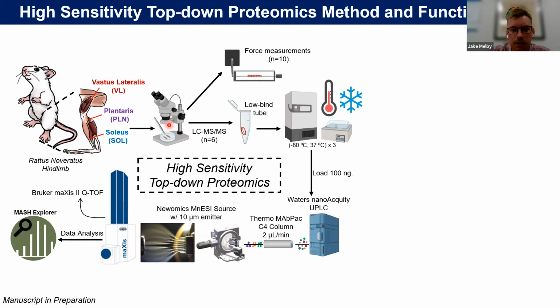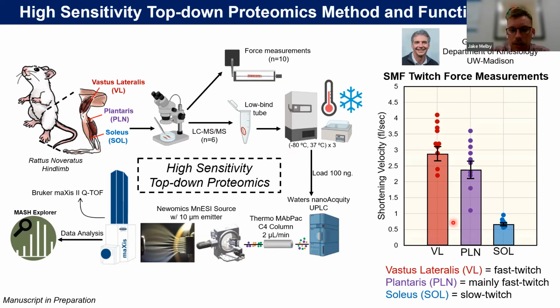So first, I'd like to start with the force measurement data. This was done in collaboration with Gary Diffie, in the Department of Physiology on campus. Essentially, he was able to get single fibers into this force apparatus instrument and apply a frequency, which makes these fibers contract, and their shortening velocity is correlated to the function of the fiber itself.